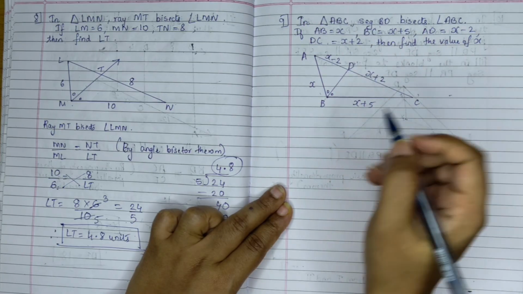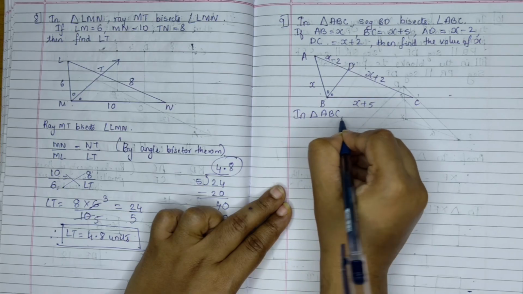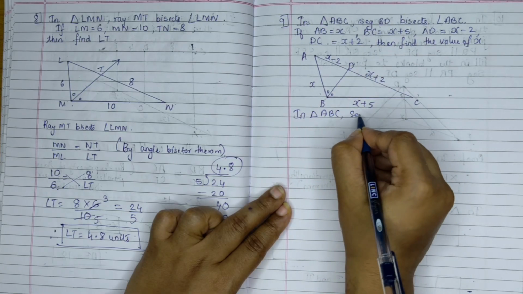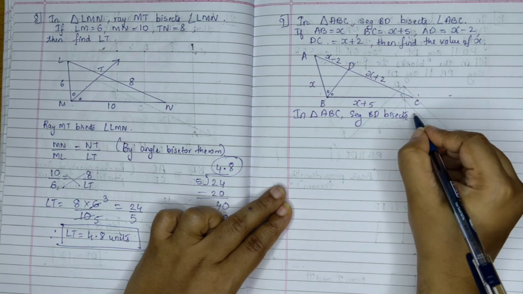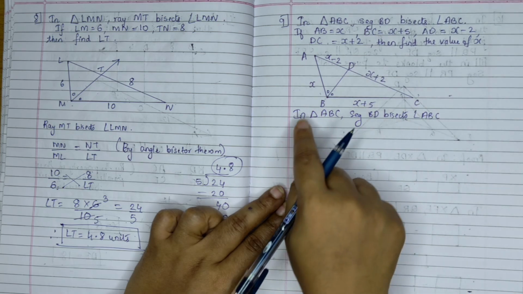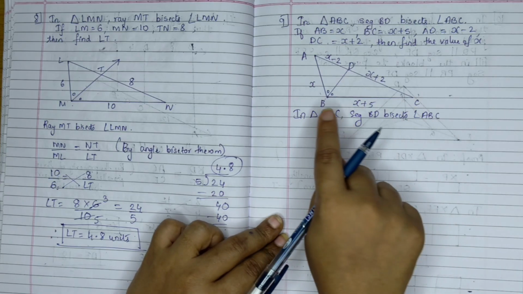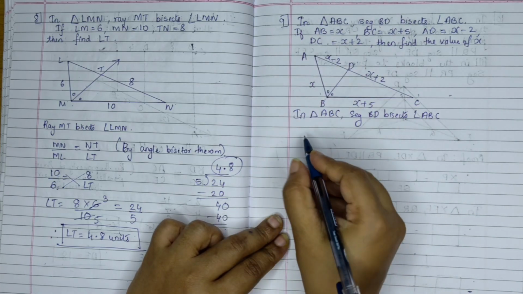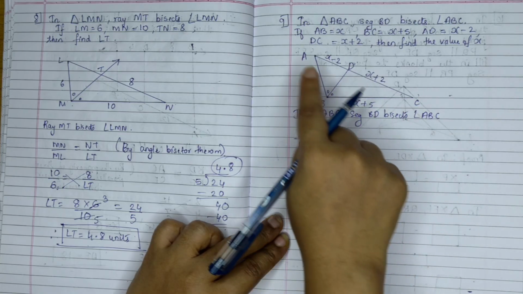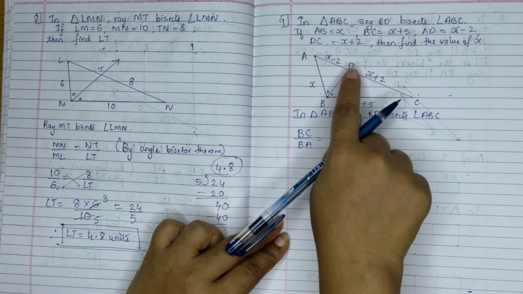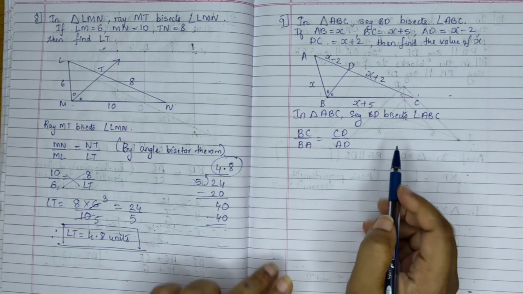In triangle ABC, segment BD bisects angle ABC. BD is bisecting ABC. So now you can use again angle bisector theorem. That means BC upon BA is equal to CD upon AD. See here.